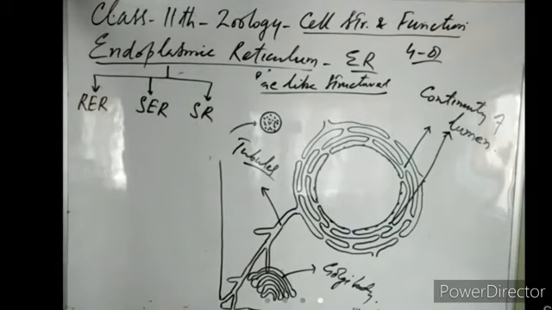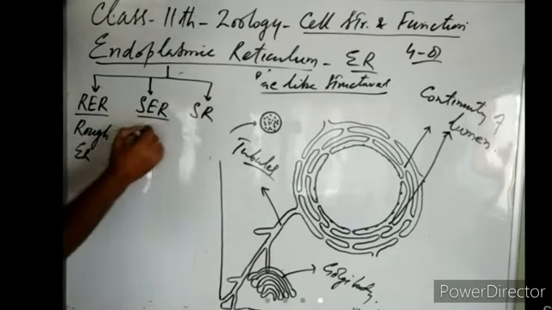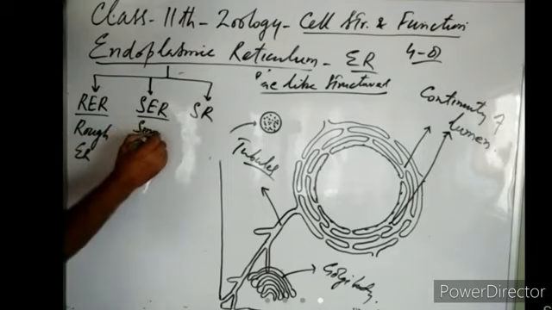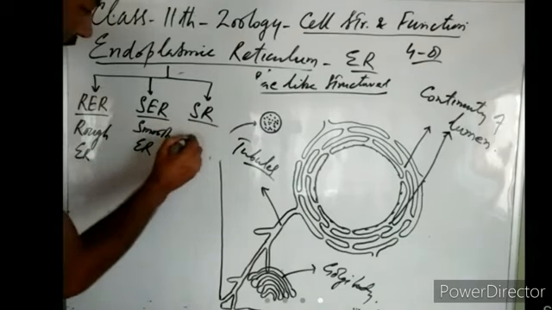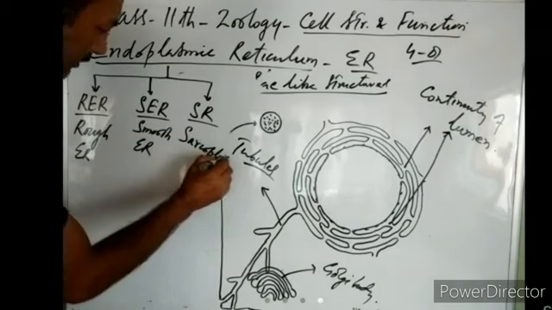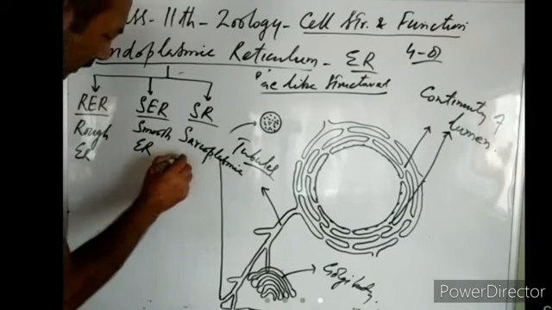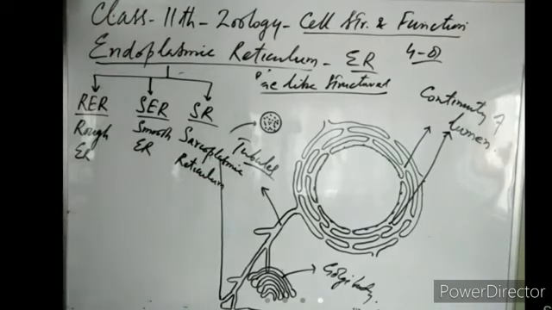So we classify endoplasmic reticulum into three types: RER, SER, and SR. RER's full form is rough endoplasmic reticulum. SER's full form is smooth endoplasmic reticulum. And SR's full form is sarcoplasmic reticulum.